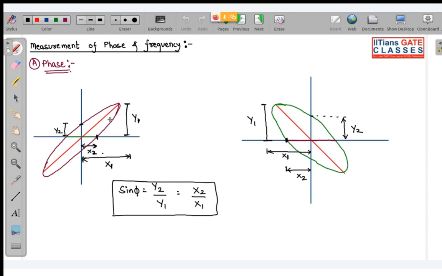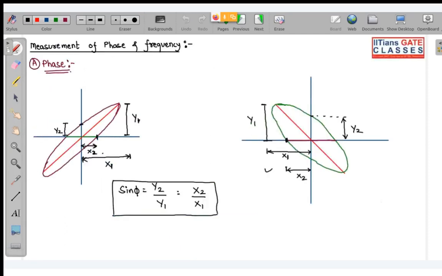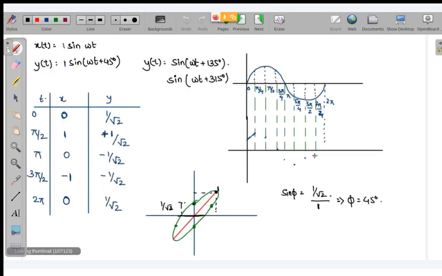Now, if in this case I had taken y of t as sine omega t plus 135 degree, or if I had taken sine omega t plus 315 degree, then I would have got this Lissajous pattern. If I would have taken sine omega t plus 215 degree, I would have got this same curve only.